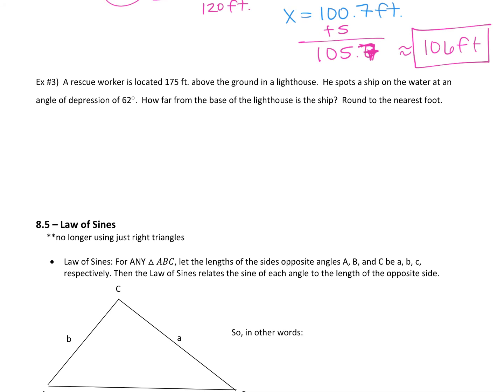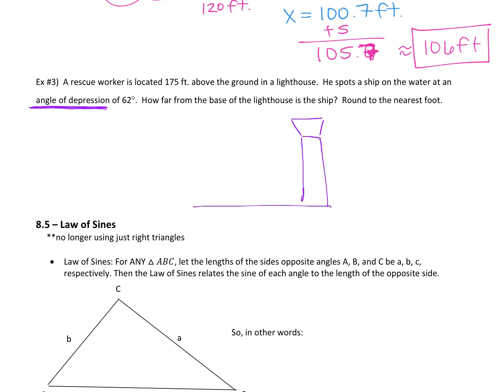Example number 3 here. I'm just giving you 2, and then I'm going to let you guys try it. It says a rescue worker is located 175 feet above the ground in a lighthouse. He spots a ship on the water at an angle of depression of 62 degrees. How far from the base of the lighthouse is the ship? Okay, so you have a lighthouse, and again, I'm sorry in advance.